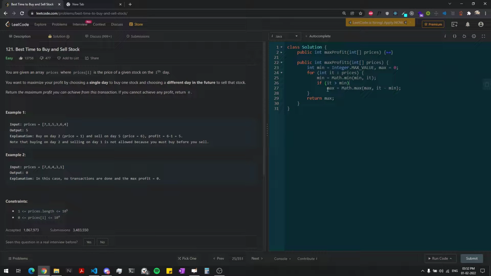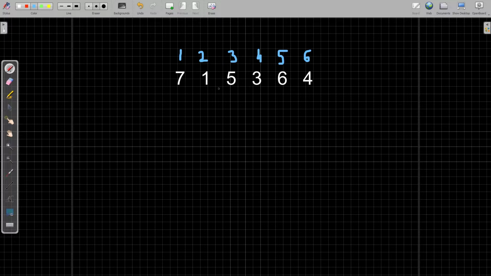But what about this condition? We are checking if it is greater than min. Suppose I'm at 5, minimum is 1, so obviously my minimum cannot be 5 here, so I'm updating the max. What we're doing is we are finding the difference between that element and the minimum element we have found up till now. Because if you see the previous approach, what did we do?